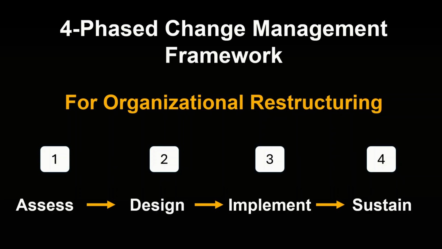And then phase four is where you deliver change management deliverables to sustain the new behaviors that come with restructuring an organization. Next, I will go over each of these phases, starting with phase one.